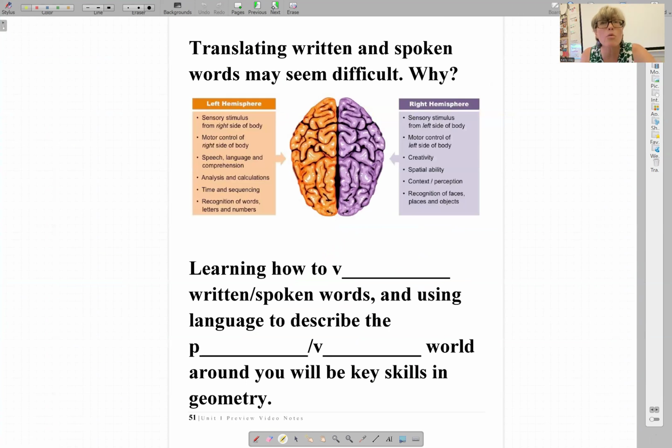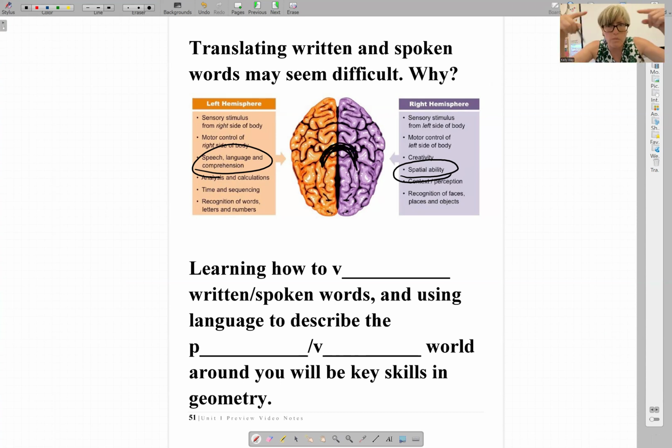Now, translating written words into spoken words sometimes can seem difficult. Why is that? That's because most of the written word mechanics part of your brain is going to be on the left side of your brain hemisphere. Your visualization of those words is predominantly in the right. So you are crossing the middle part of your brain, called the corpus callosum.